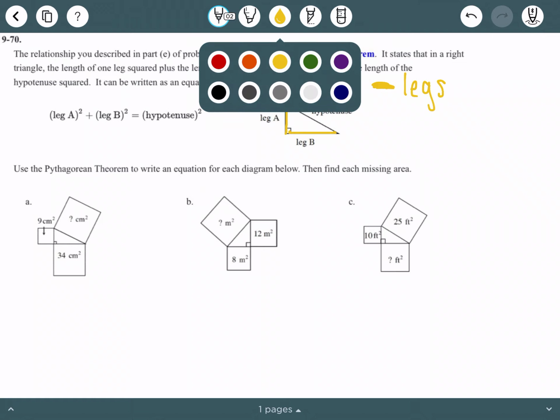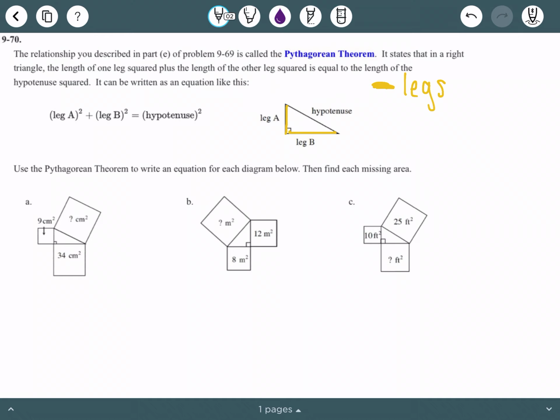Now, we have the hypotenuse, and the hypotenuse, if I can trace it nicely here, it's about as good as it's going to get. So the hypotenuse, there are a few things you're going to need to write down about this.